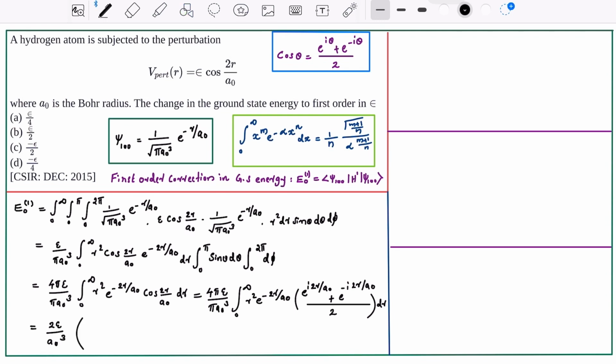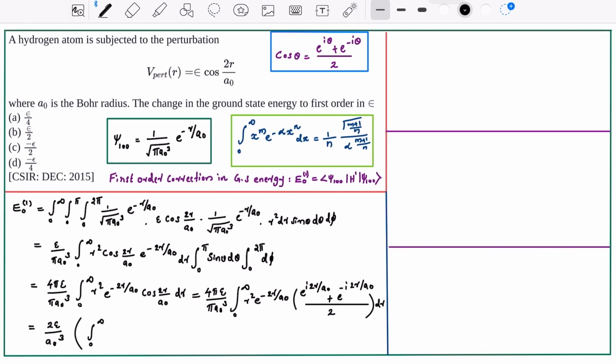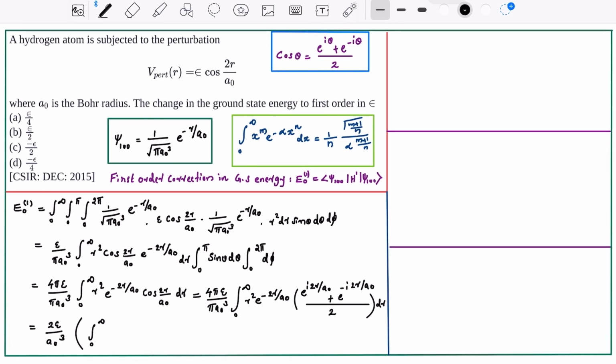Now let us write the integral as integral 0 to infinity R squared e raised to minus 2R by A0.